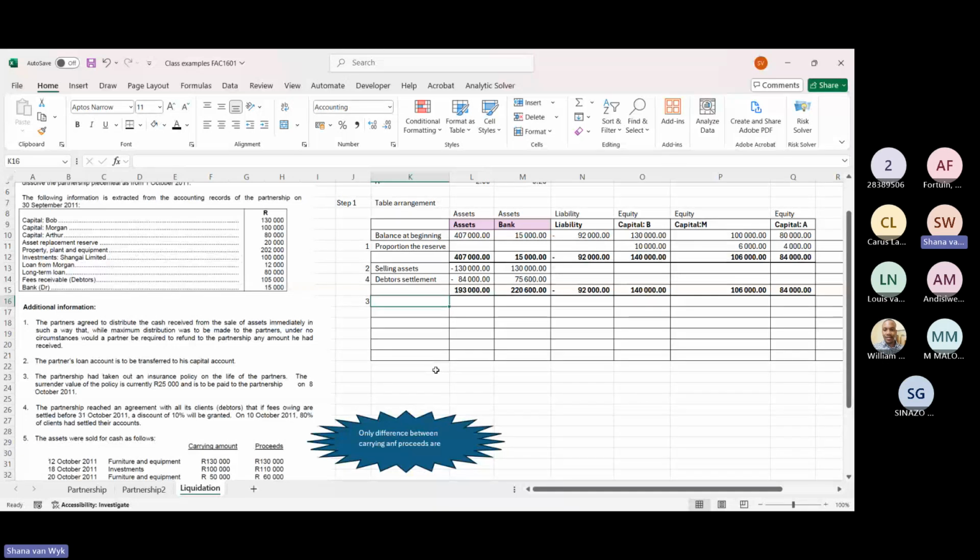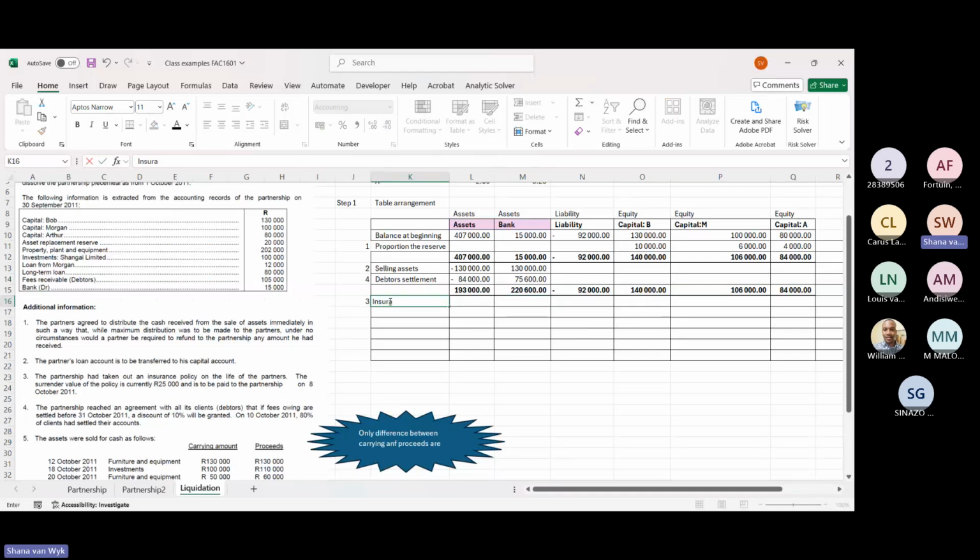So it's an accrued expense. Or would we place it then on the bank?